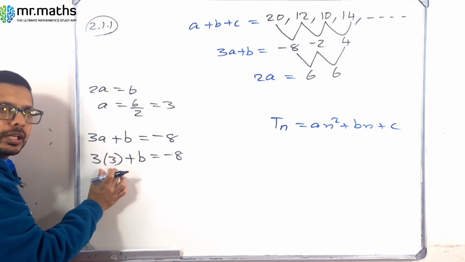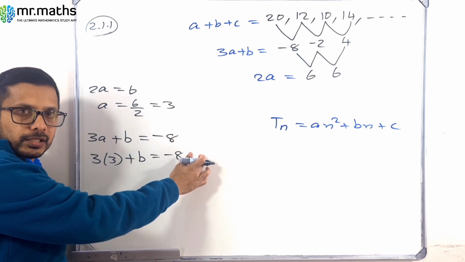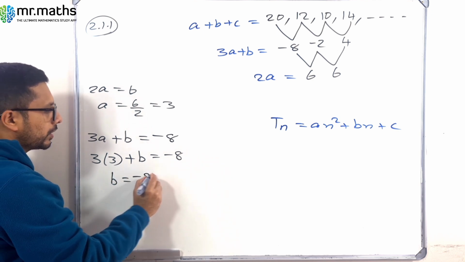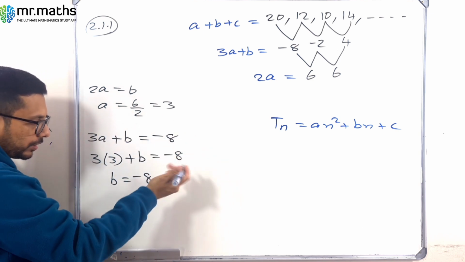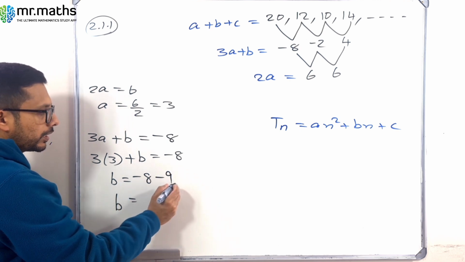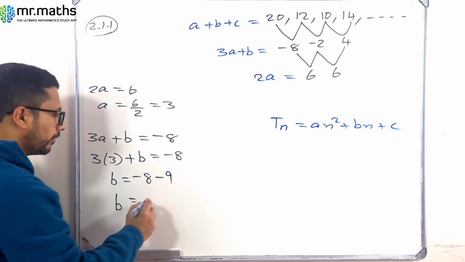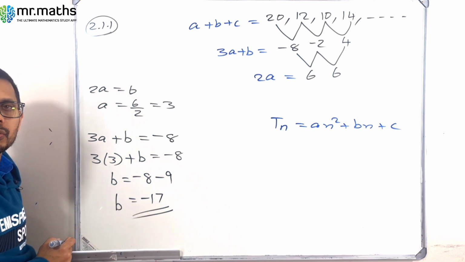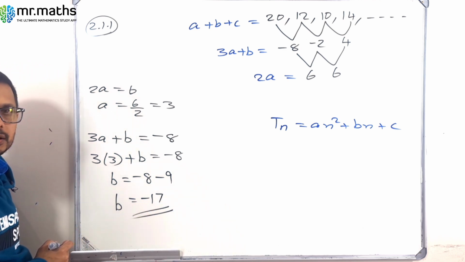That plus 9, if you take to this side, it is minus 9. So b is equal to minus 8 minus 9. Check in your calculator. What is the answer? Minus 17. So we got the value of b as minus 17.